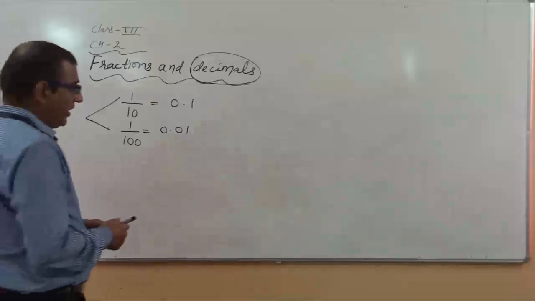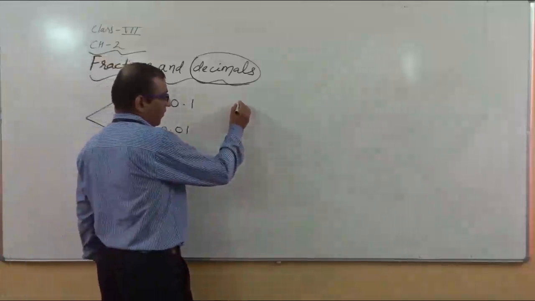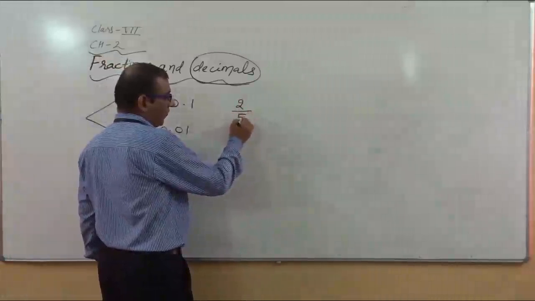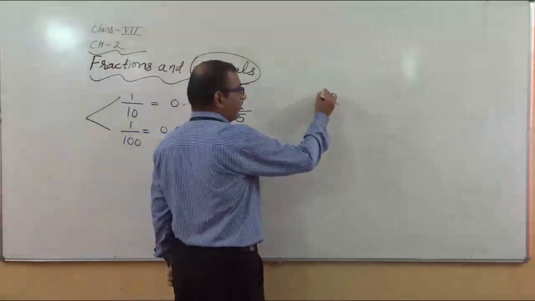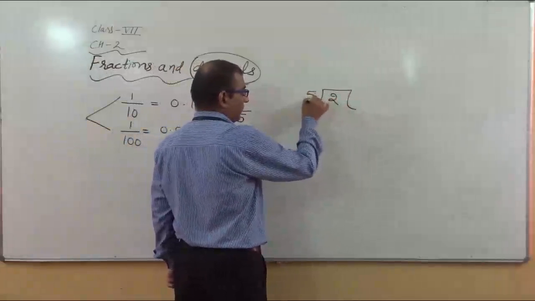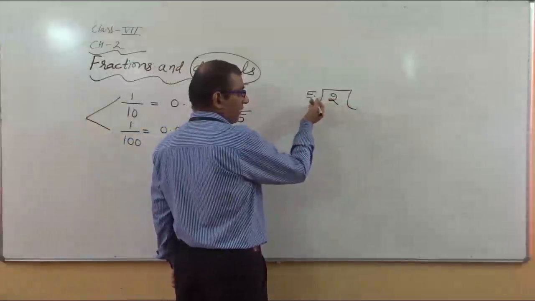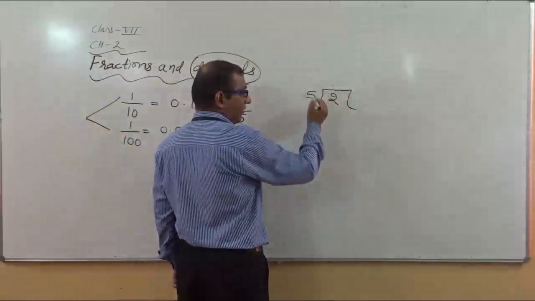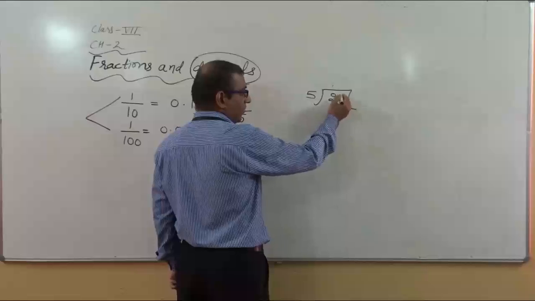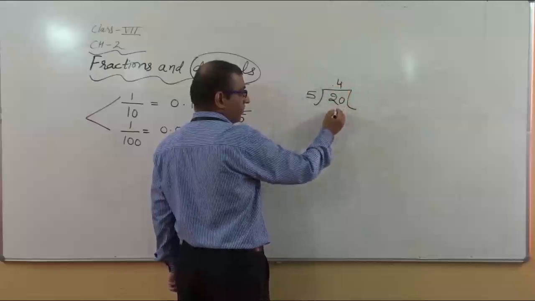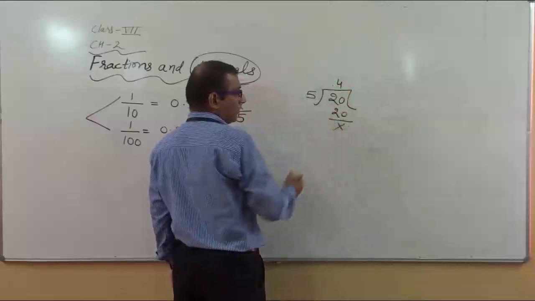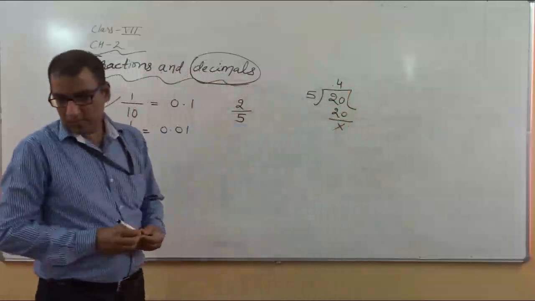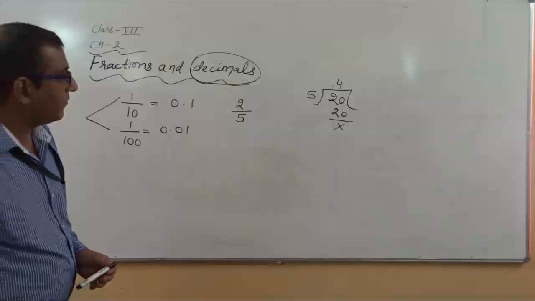And one more thing, if someone asks you how to write 2 upon 5 in the form of decimal, definitely you will divide 2 by 5. 2 is not divisible by 5, so we will put a decimal point here and write 0, and then write 4.